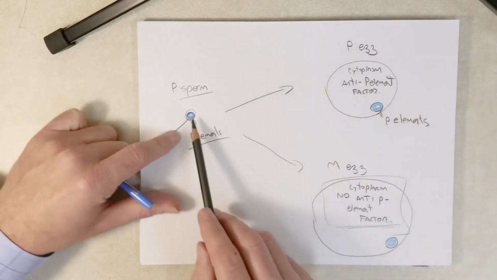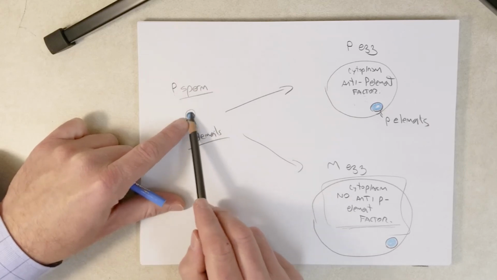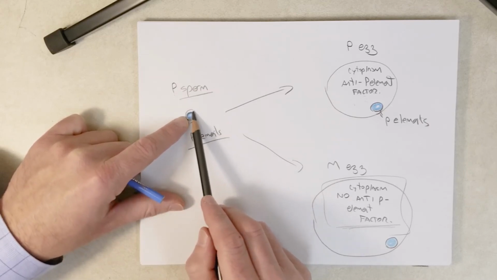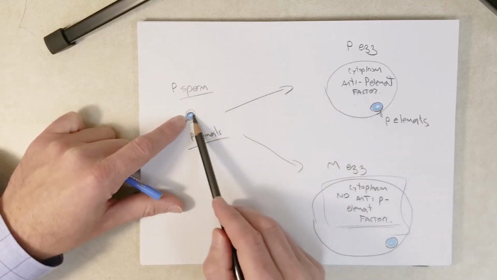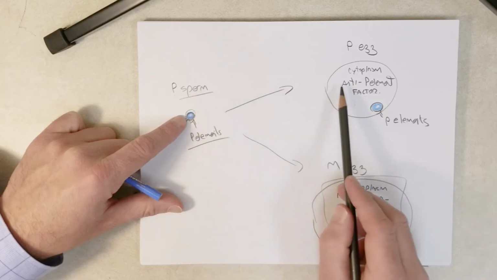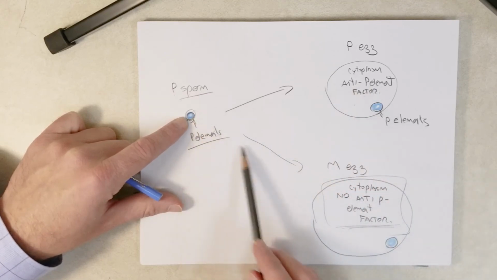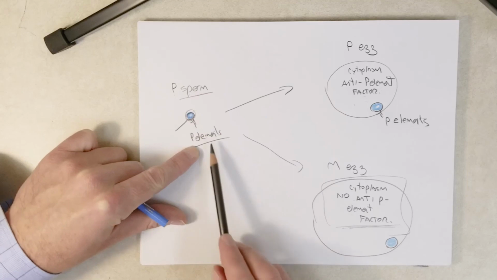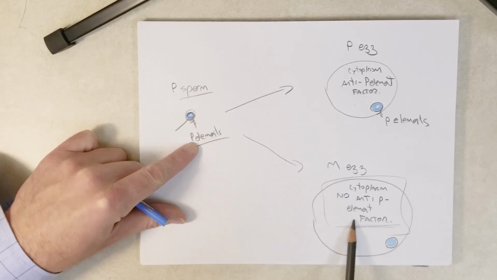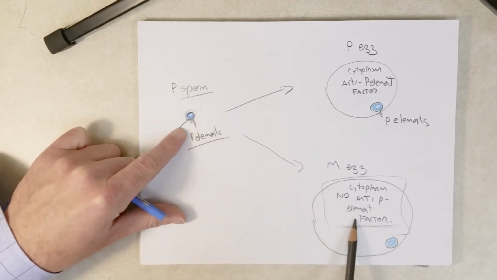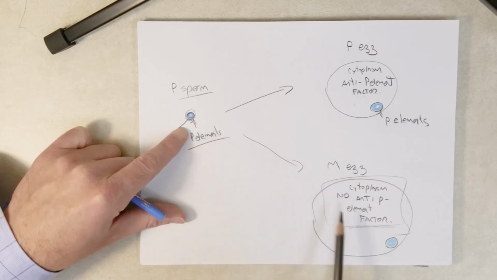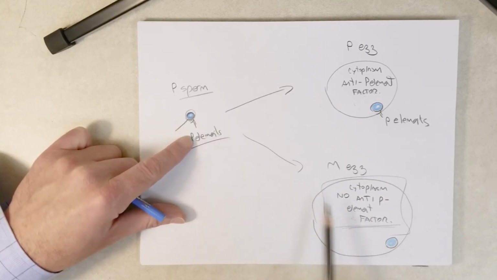So when the sperm, which doesn't have that much cytoplasm, doesn't have sufficient anti-P element factor to suppress P element activation, when this sperm fertilizes, I was going to say infects, when the sperm fertilizes the M eggs, the P elements become activated.